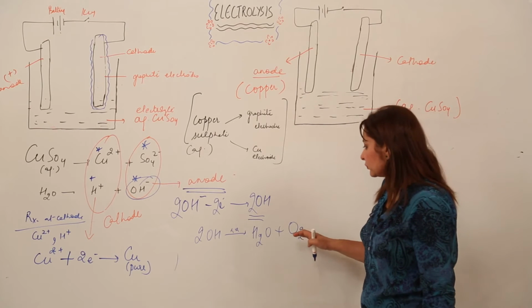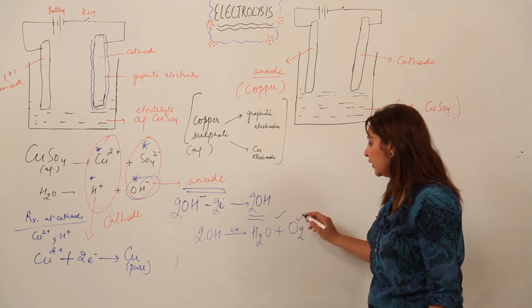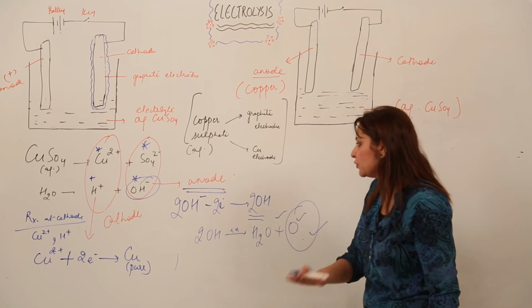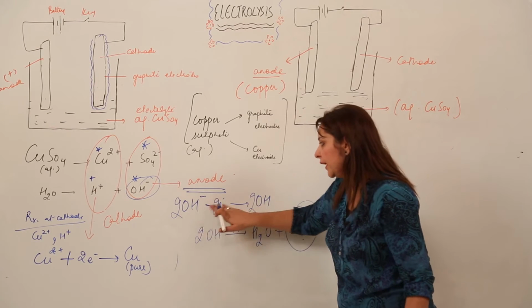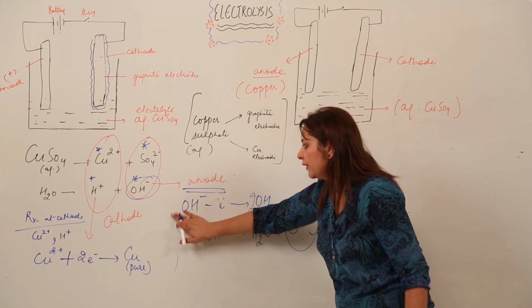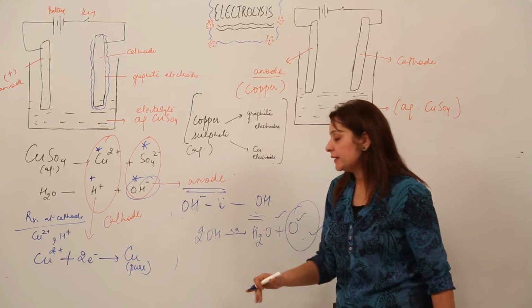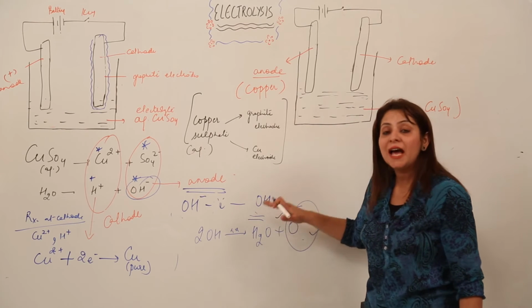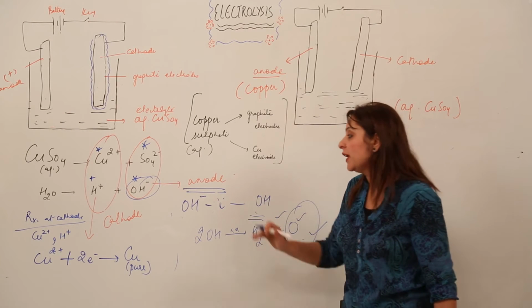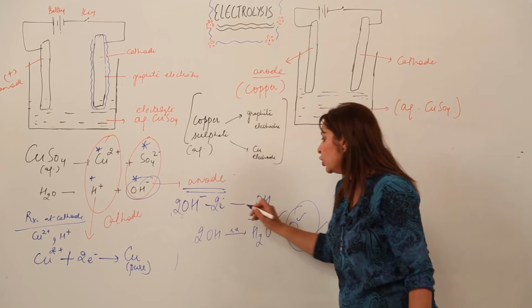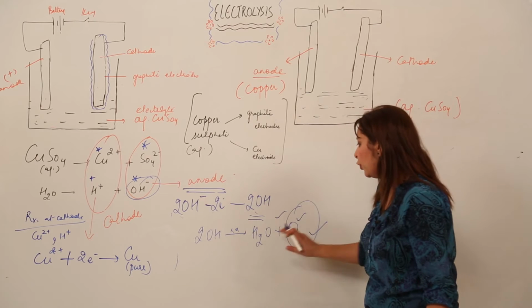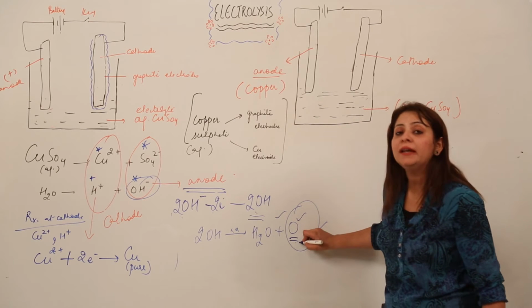Again, I am just repeating: see 2 OH negative, look at the board carefully, we are just balancing it. OH negative loses 1 electron and forms OH, because as such the OH cannot exist in nature, so we balance with 2, and we get 2 OH. 2 OH rearrange to form 1 H2O and 1 oxygen atom.